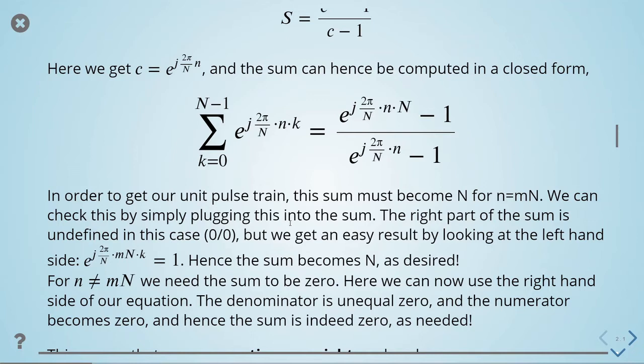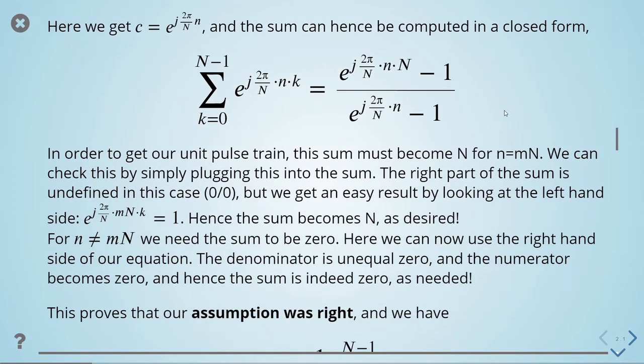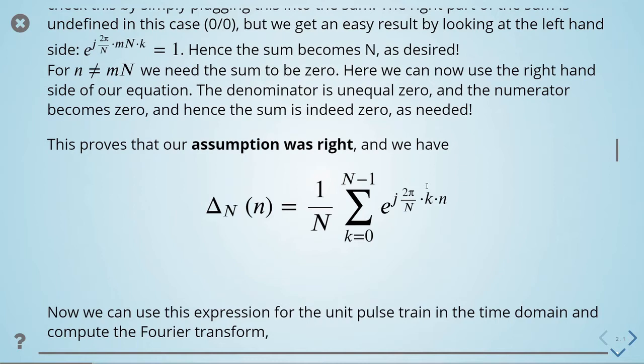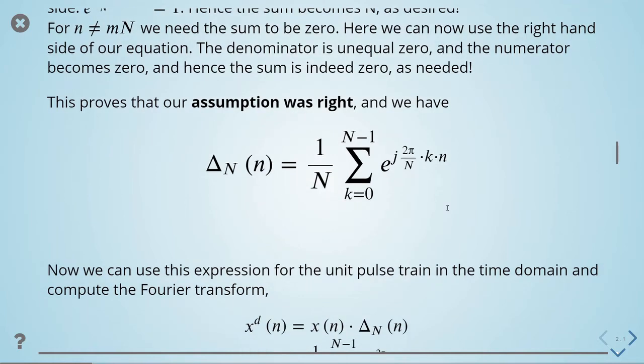For n different from m times capital N, it needs to be 0. When we plug this in, the denominator is unequal to 0, but the numerator becomes 0, and then the sum is indeed 0. So we proved that our assumption was right, and we have this equation for the unit pulse train.